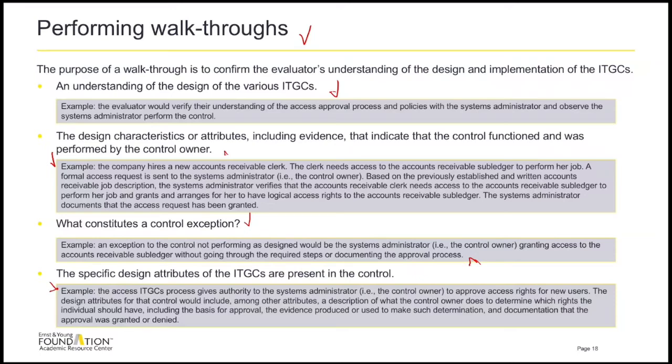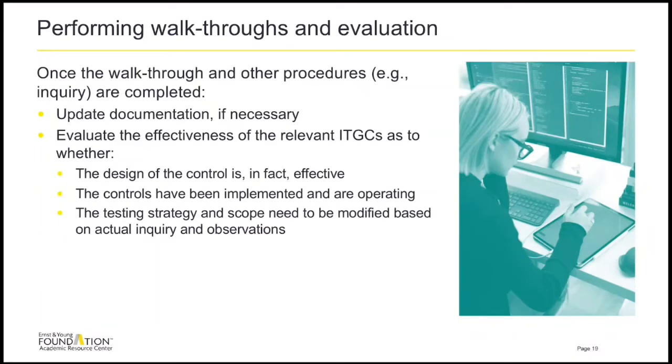The design attributes for the control would include, among other attributes, a description of what the control owner does to determine which rights the individual should have, including the basis for approval, the evidence produced or used to make such determination, and documentation that the approval was granted or denied.